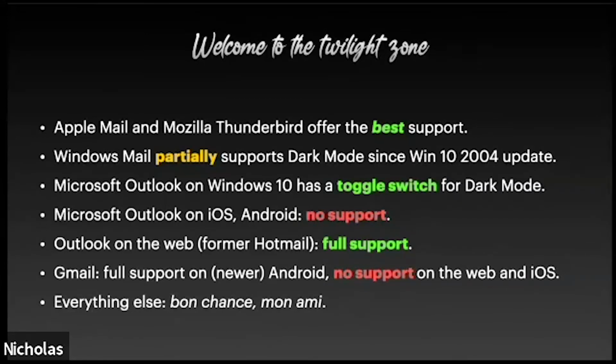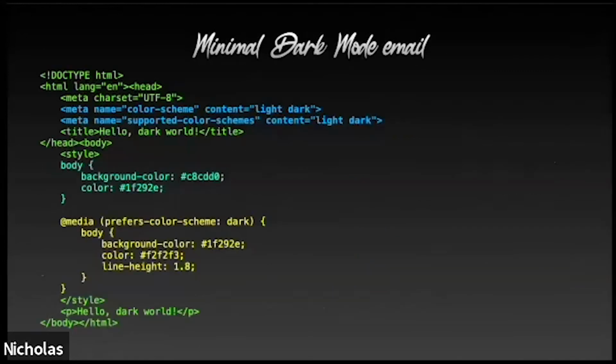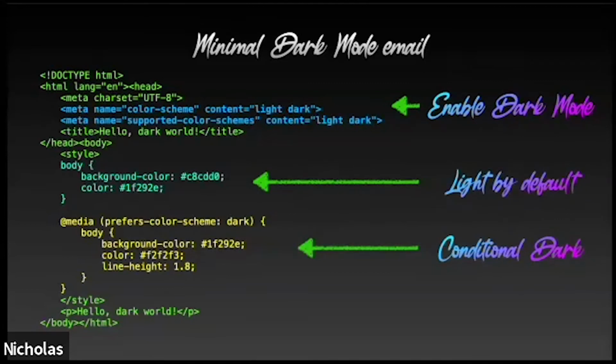So what you should really target is Apple Mail, Mozilla Thunderbird, and Microsoft Outlook on the web or Windows 10. The minimal dark mode email is this. It's very easy. The email itself is like an HTML document, right?